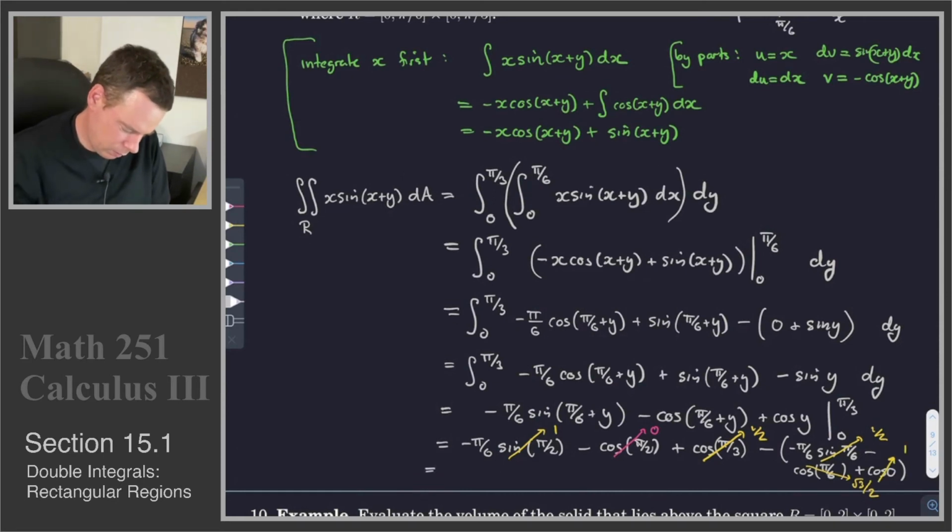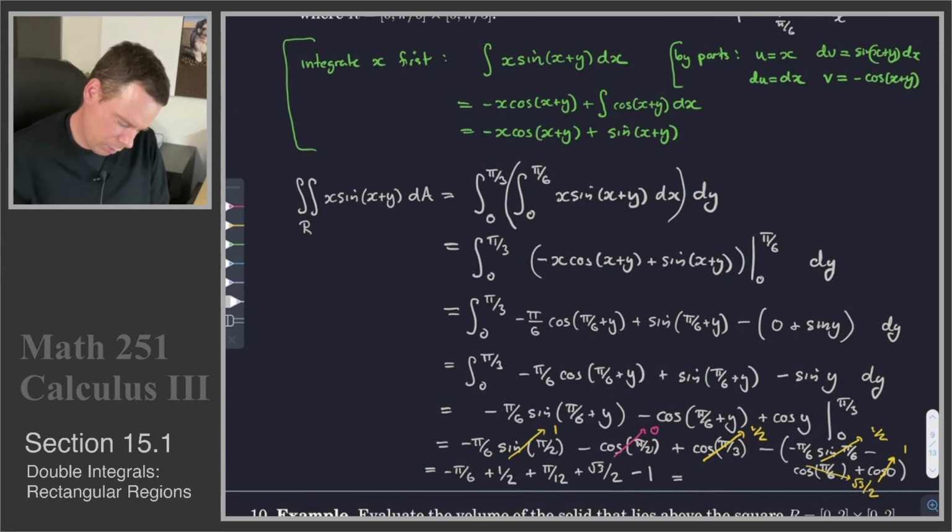So this all boils down to negative pi/6 minus 0 plus a half, minus pi/6 times 1/2, or that's plus pi/12. And then we've got a minus root 3 over 2 with an extra minus, so that's plus root 3 over 2. And then a minus cos 0, which is 1, so a minus 1.